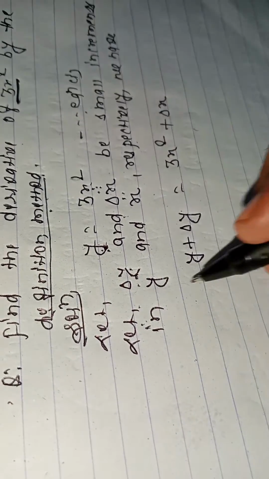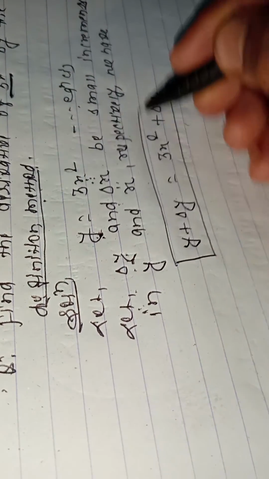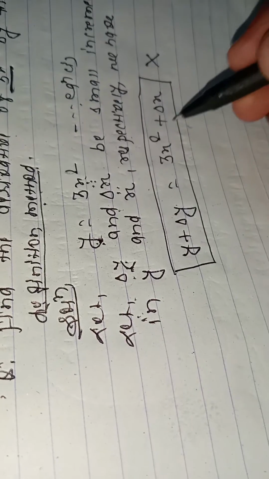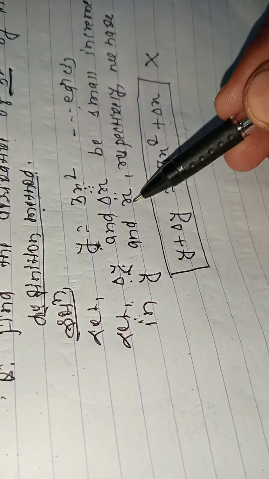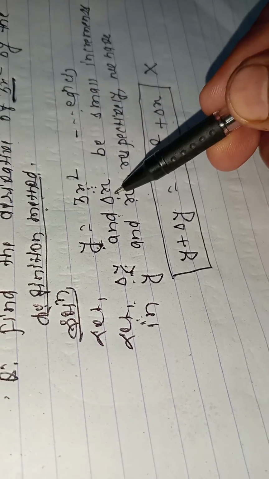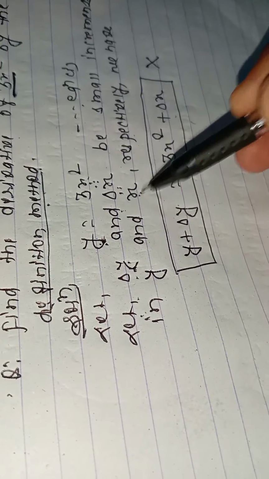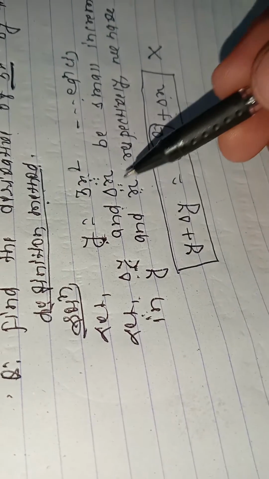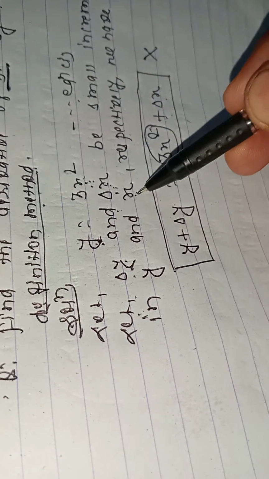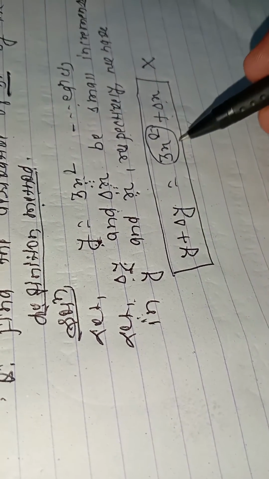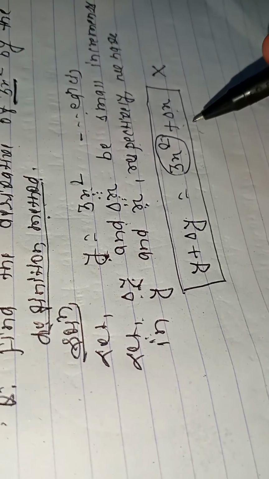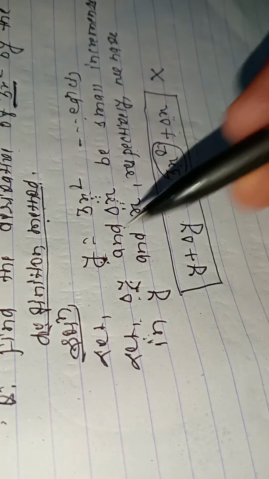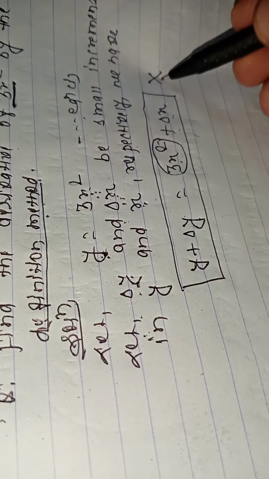But if you write it like this, then it will be a wrong procedure. Why? Because delta x is the increase in x, not an increase in 3x square. If you are in haste in examinations and write 3x square plus delta x with y plus delta y, it will be wrong.